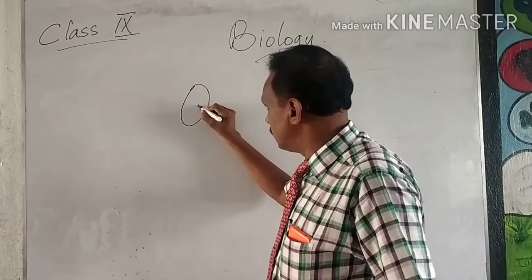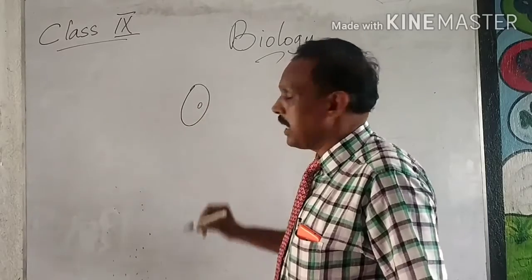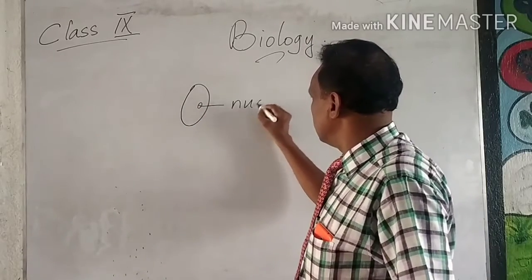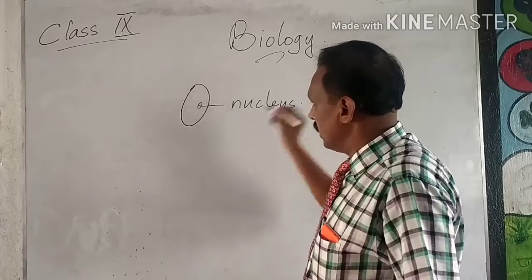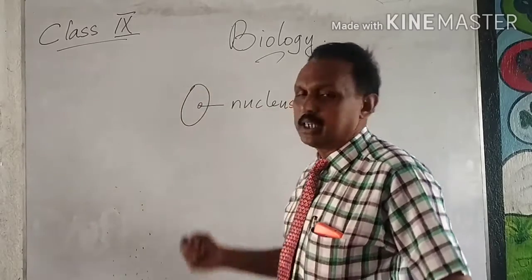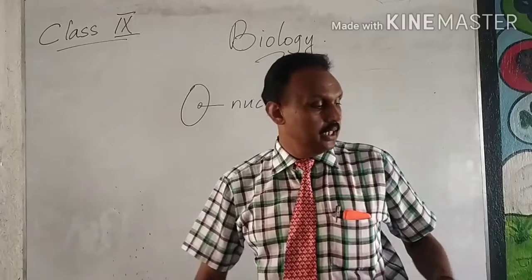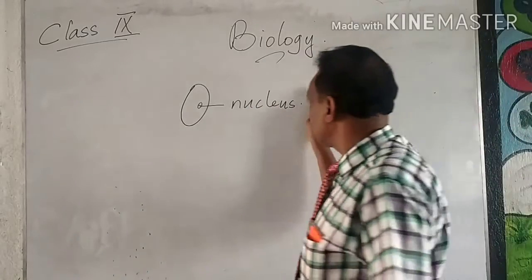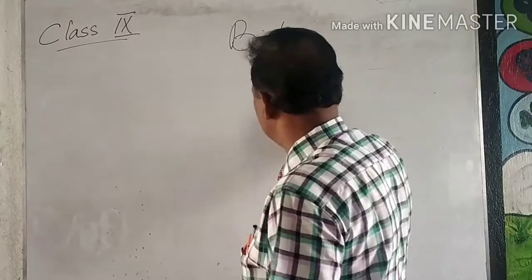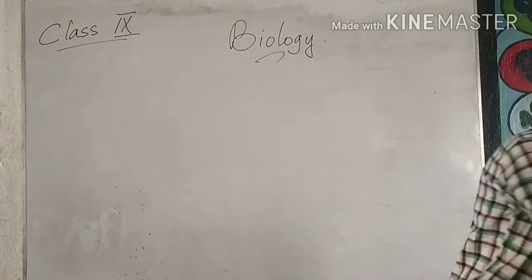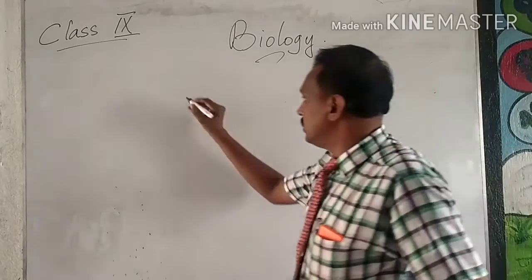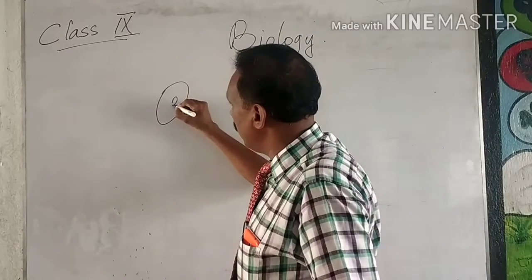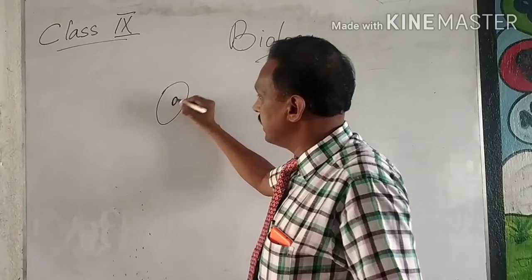Inside, somewhere near the center, there is the main part which is called the nucleus. And the outer part is called the cytoplasm, which we will be learning in the next class. Now if you come to the nucleus: inside the cell we have an oval or spherical shape near the center.